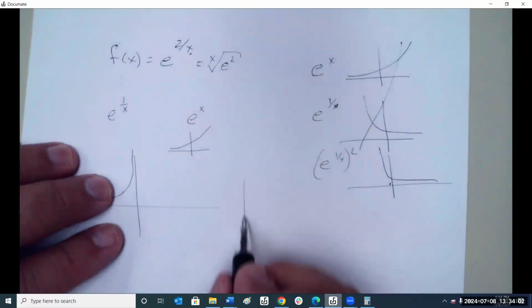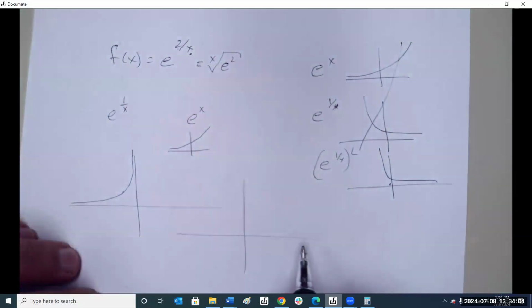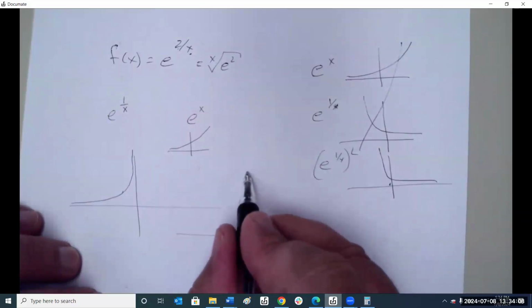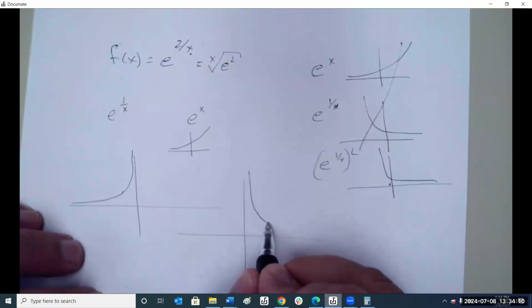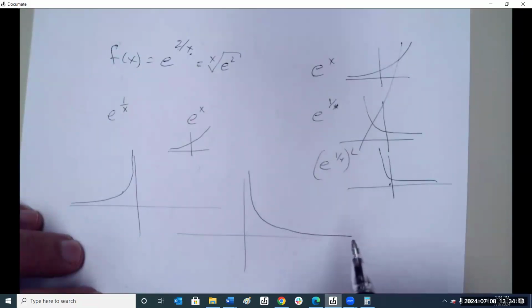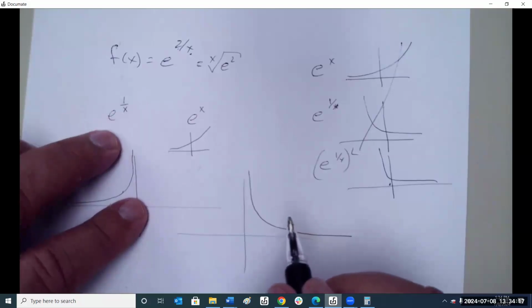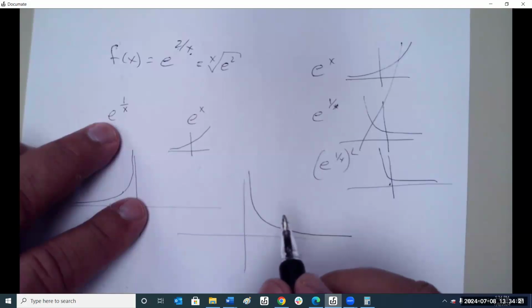That's for positive x's. For positive x's, the closer x gets to 0, but negative, it's a decreasing function. Negative.